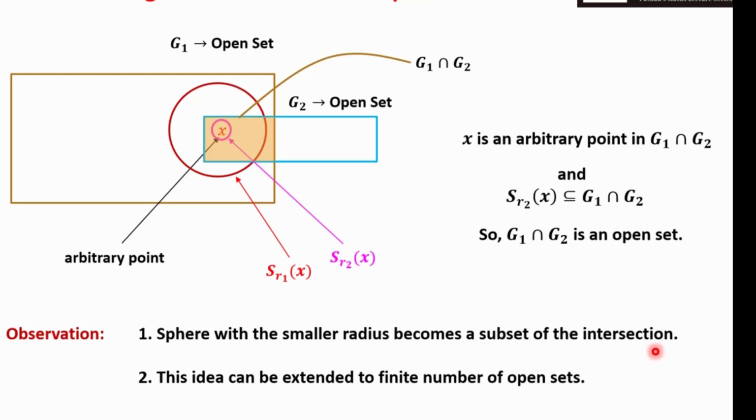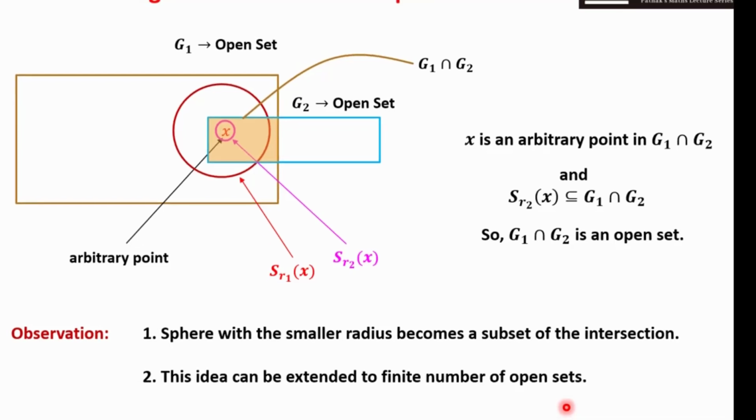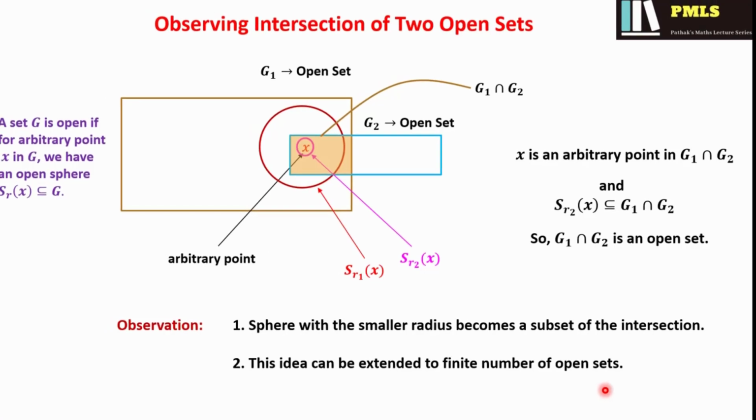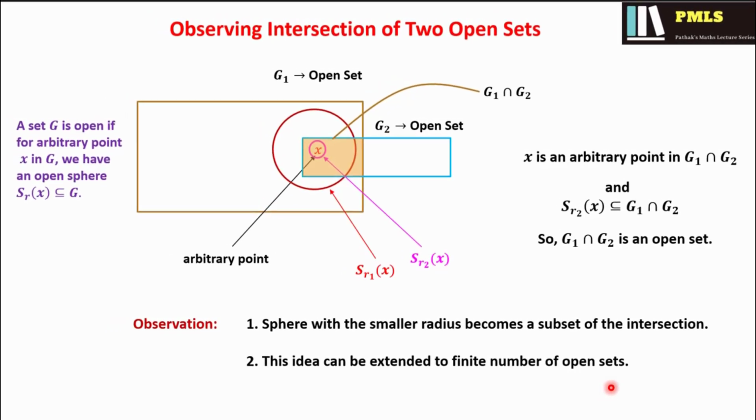This is a general observation, and this idea can be extended to a finite number of open sets, because if you take another set G3, again you will have three open spheres. Take the open sphere with the smallest radius, and that open sphere will become a subset of the intersection, and so on. So let us see whether this idea can be extended to a finite number of open sets.